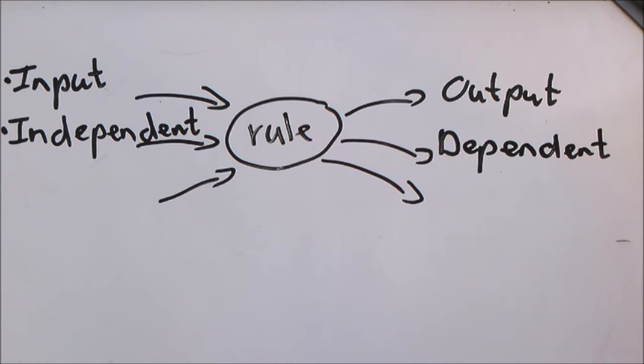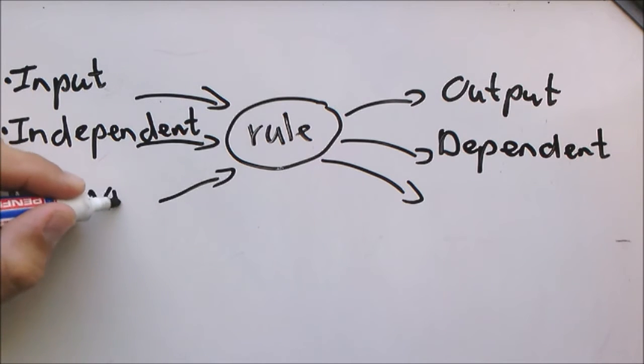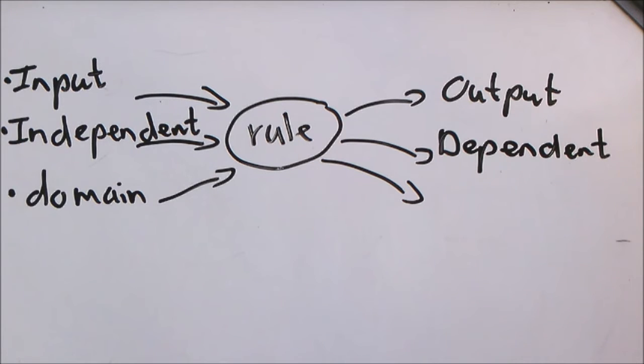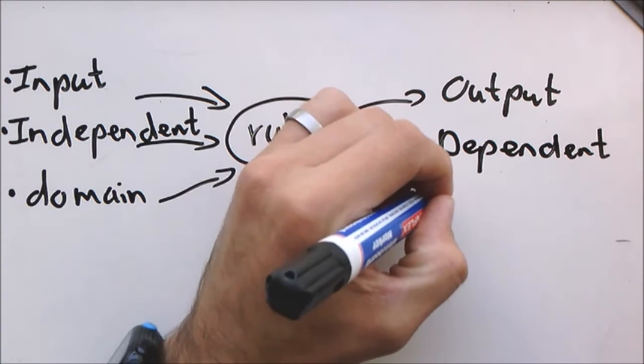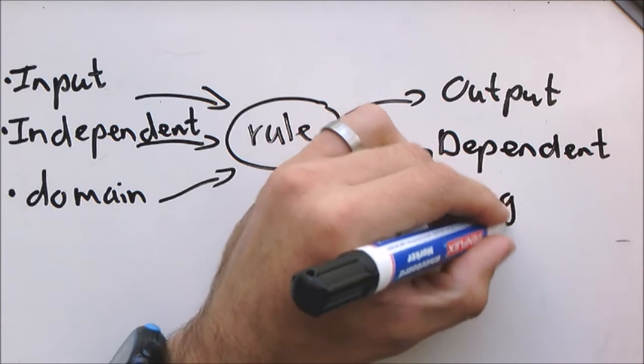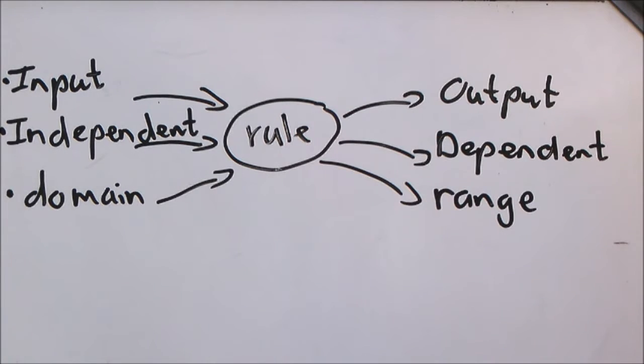So your input value, which is independent, has a domain, and your output value, which is dependent on your input value, has a range.